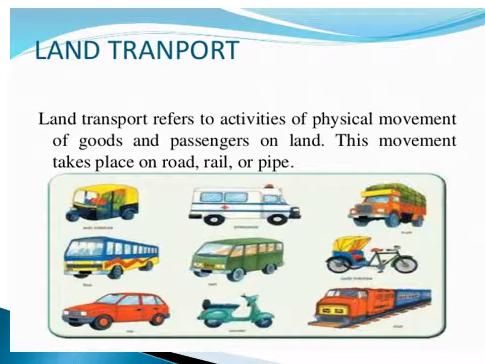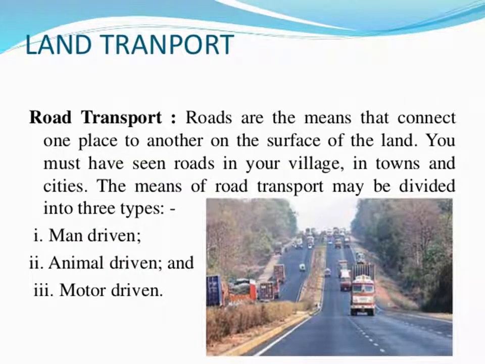Rail also includes land, so that is also part of land. And we also have pipelines, which are also part of land. So that is land transport, transporting goods, whether raw materials or finished goods, and then you have goods that involve human cargo.